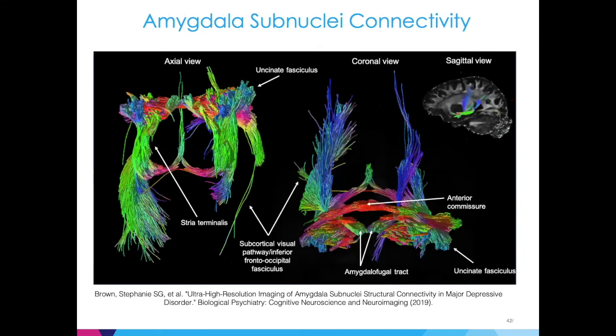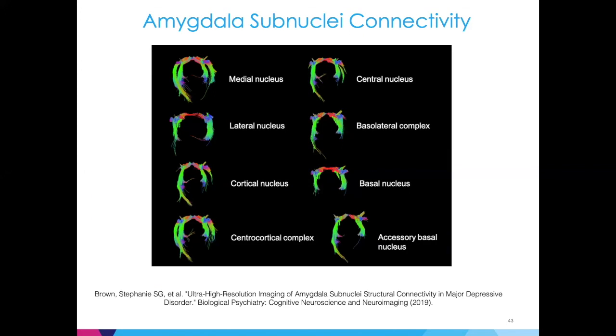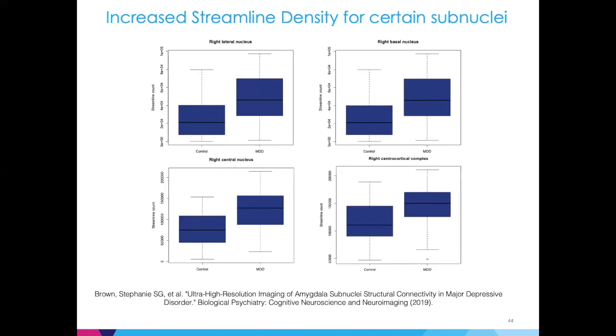We have done amygdala subnuclei connectivity as well. This is the total connectivity of the amygdala, but we're able to do subnuclei-specific connectivity, and found that some of the right amygdala subnuclei are hyperconnected for patients with depression versus controls.